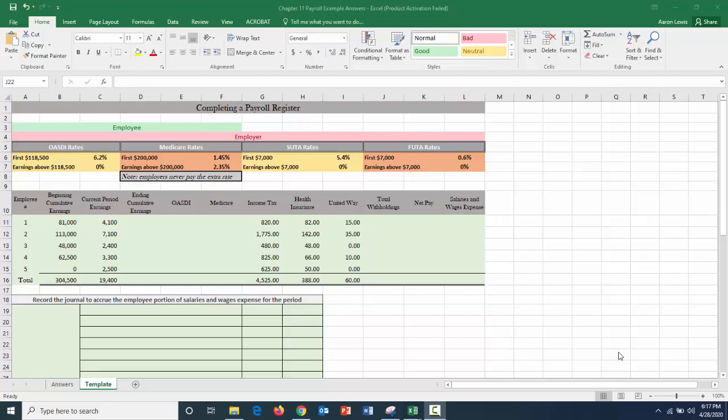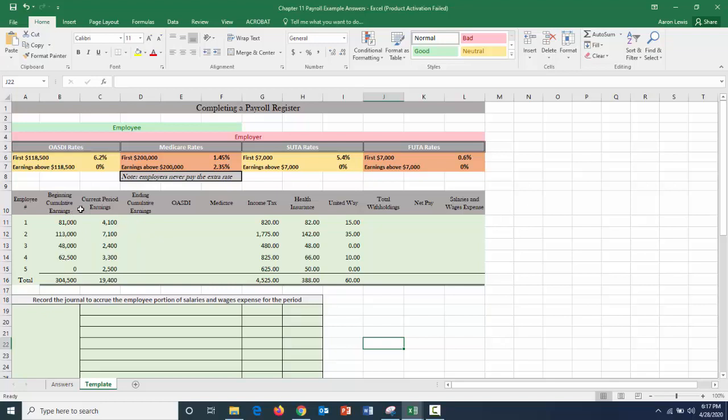So, to figure out our payroll register, the first place we need to start is with our ending cumulative earnings. We have 5 employees. I'm sure they have names, but we're just going to call them employees 1, 2, 3, 4, and 5. And employees 1, 2, 3, 4, and 5 have respective amounts that they began the period with.